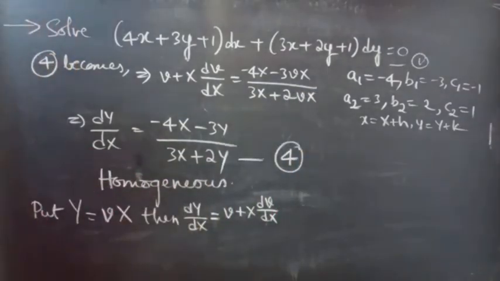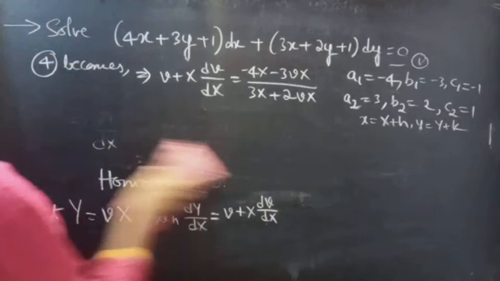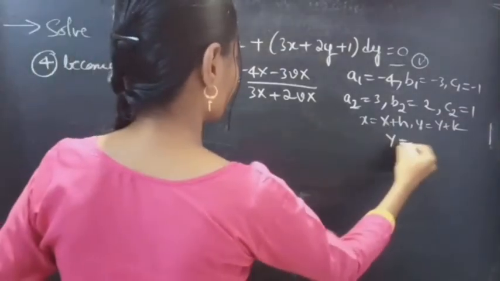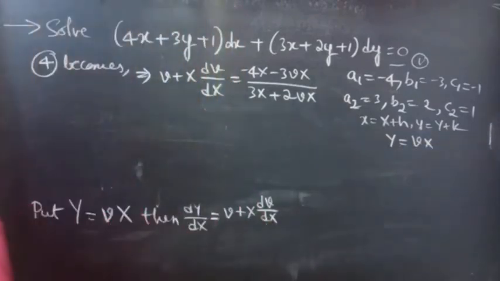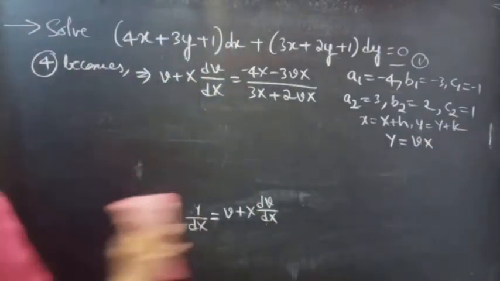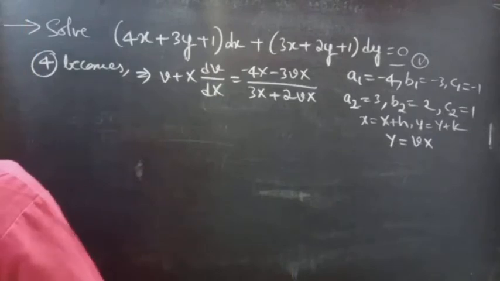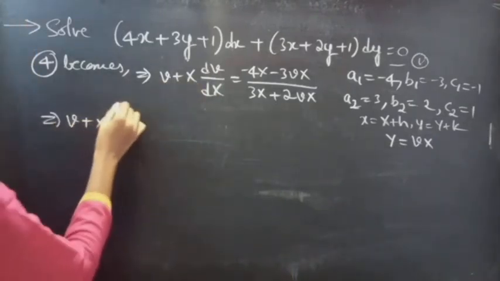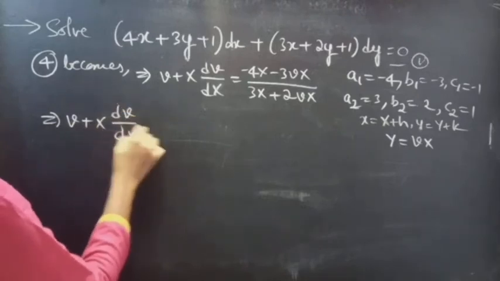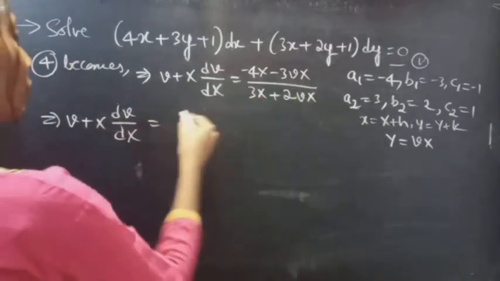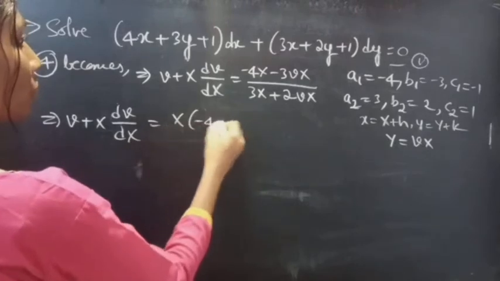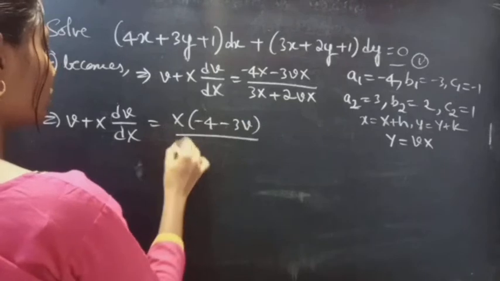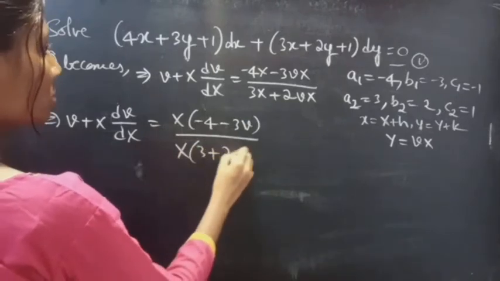Okay. Now v plus x into dv by dx equals, take x common from the numerator, x times minus 4 minus 3v, by, also take x from the denominator, x times 3 plus 2v.